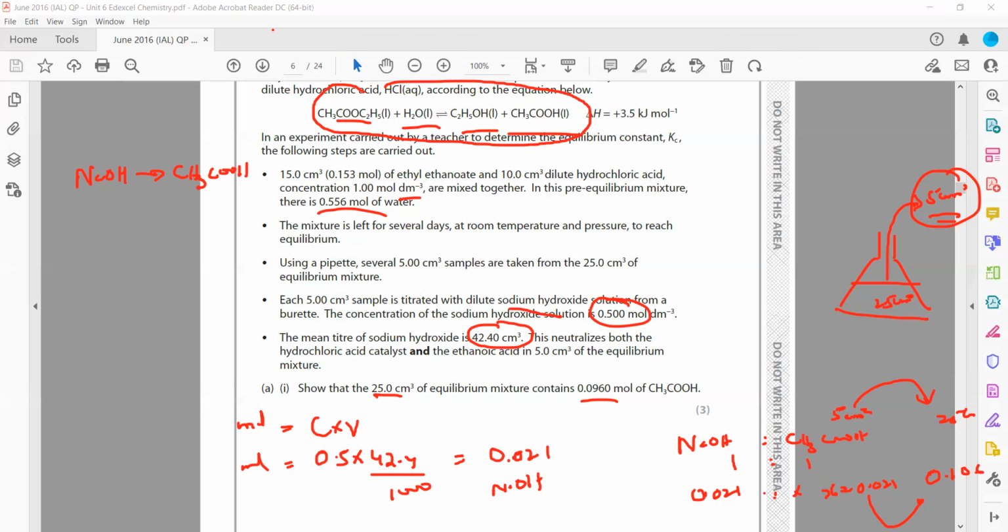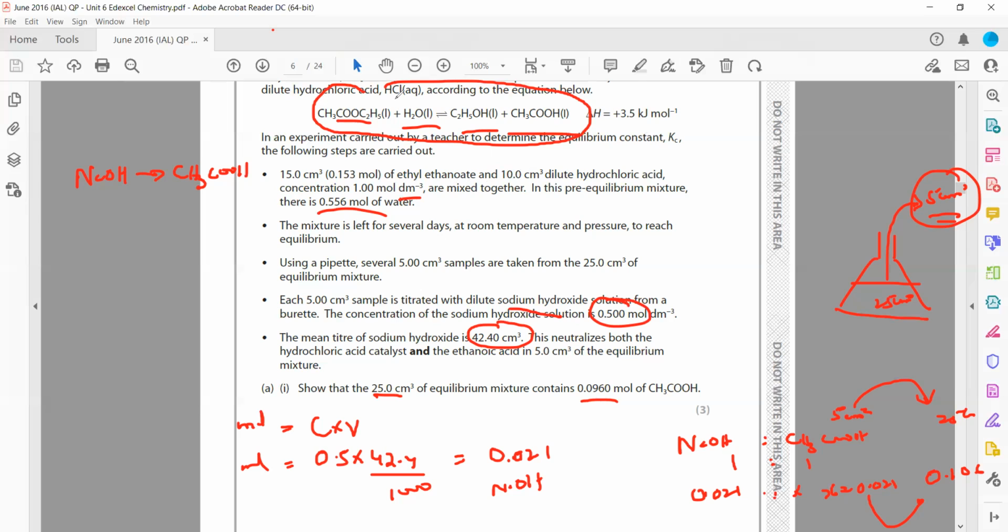This is the number of moles which we have calculated in 25 cm cube. And now originally, when you check, as I mentioned here in this part, the amount of hydrochloric acid, because what happened, ethyl ethanoate and hydrochloric acid will react with each other.